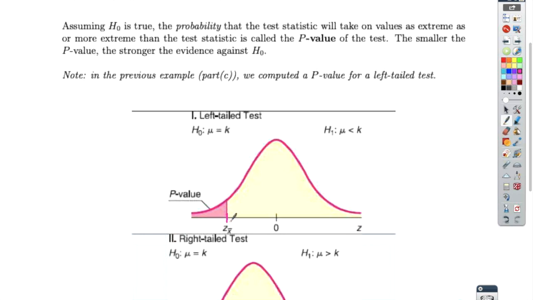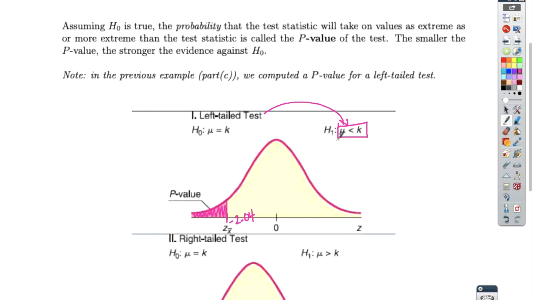On the problem that we just did, remember we found a z-score of negative 2.04. So we were looking at a picture like this, and since our test was left-tailed, so less than, right? Left-tailed means it's a less than symbol. Since our test was left-tailed, we wanted to find the left area.